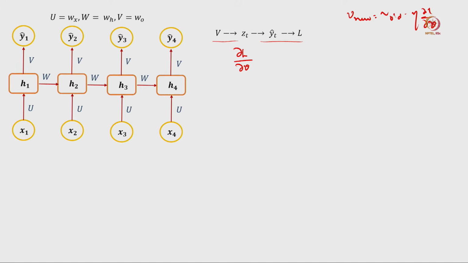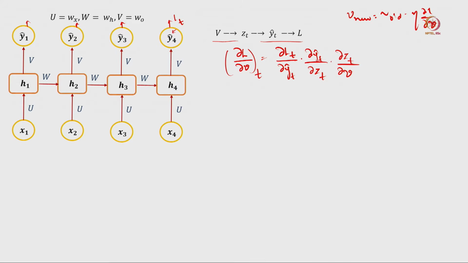Now how can you compute this derivative of loss with respect to V at a particular time step t? Because at every time step we have to calculate, right? So at a particular time step t, how can we write this equation? Is it not the derivative of loss at this time step with respect to the predicted value, the derivative of this with respect to Zt, and the derivative of Zt with respect to V? Is it not that we write the formula in this way?